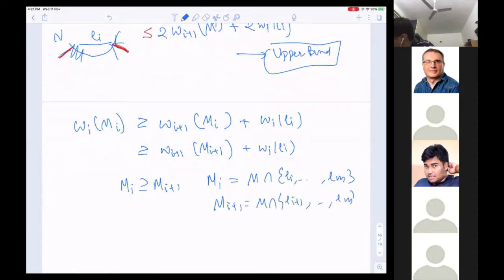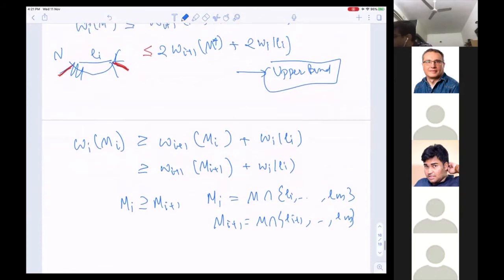So this weight can only be smaller, plus this. But now we are done, right?